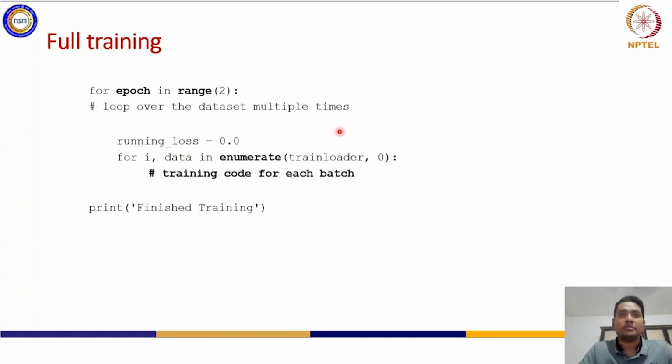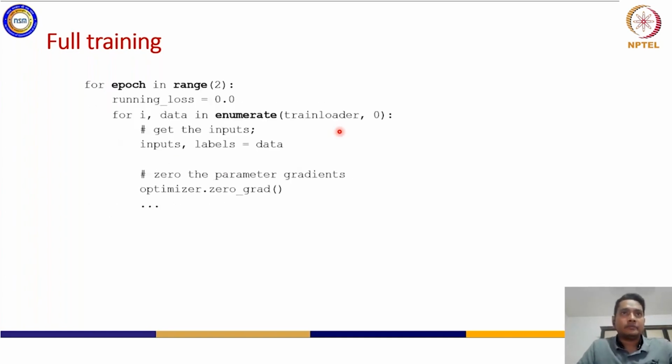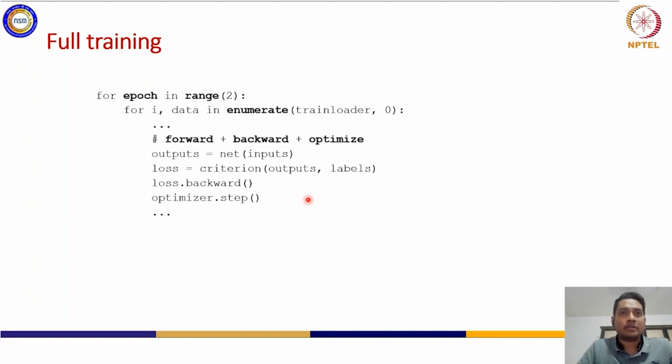So that is the objective function. After computing the loss, we need to use the optimizer for the computation of the gradient. The update of the parameters will happen in the next step, the optimizer step.